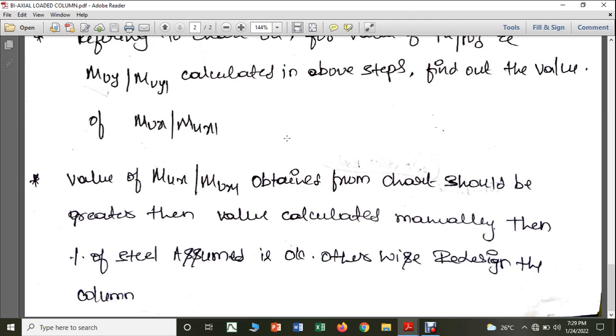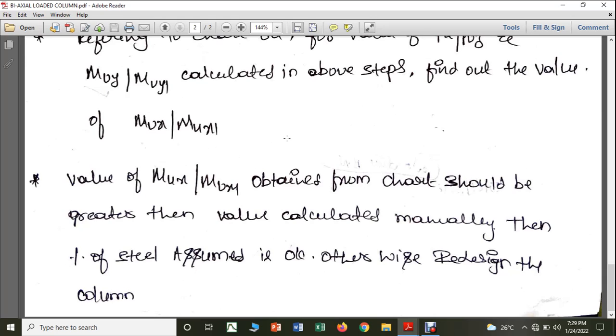But when you go for high-rise buildings, every time you cannot do the iteration, cross verify and increase the percentage of steel. That's why in the next lecture let us learn another method that we usually follow in the practical design of columns.